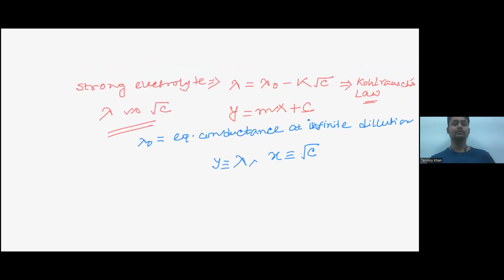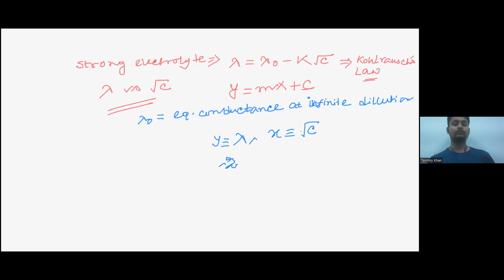Sorry, it is not c, x is your root c. Now you want to plot it. What will be your slope, that is m? It is nothing but minus k.